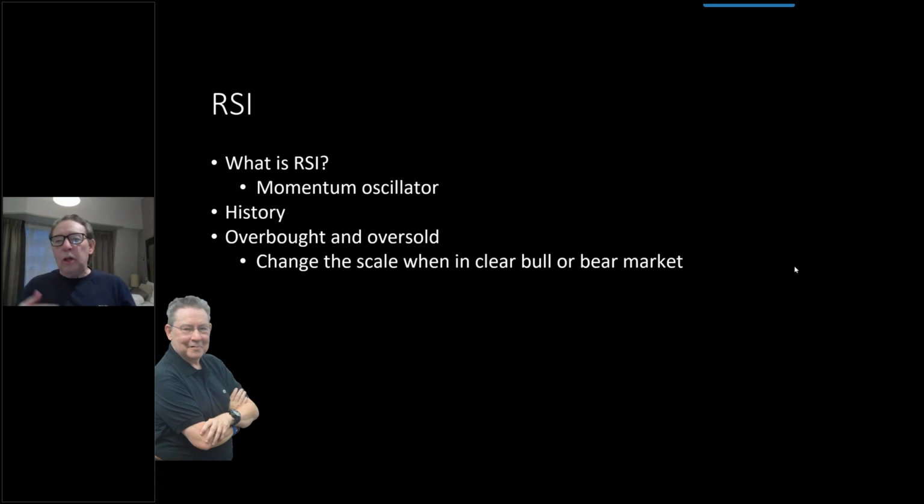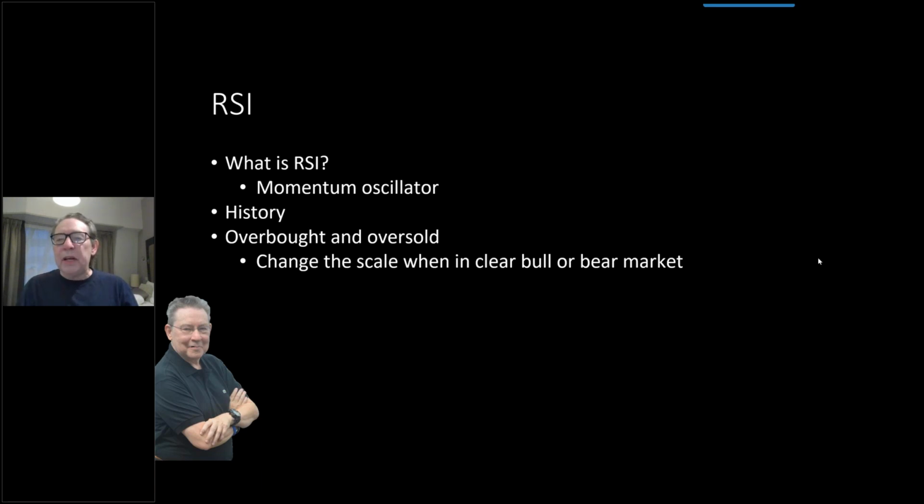Basically, the whole concept was that if the RSI got above 70, the market was overbought and about to end the bull market. And if it got below 30, it was oversold, and therefore about to end the bear market. So being above 70 would tell you when the bull market was about over, and below 30 would tell you when the bear market was over.